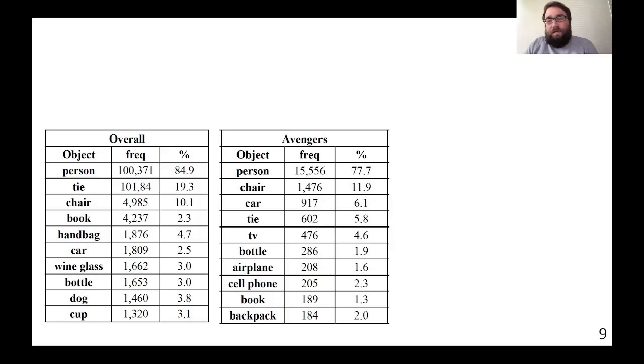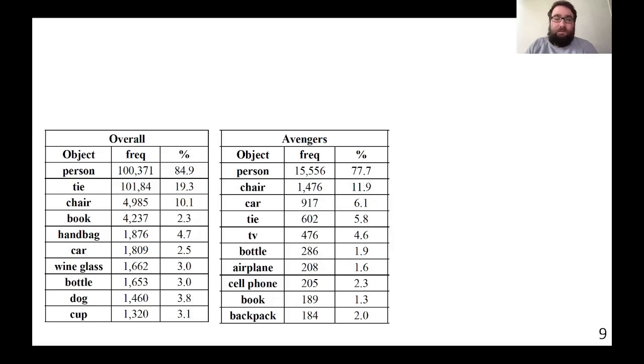Now, to investigate if the object detection can uncover specific characteristics of a movie, we compared the frequency distribution of a single movie to the overall distribution. While movies like Breakfast at Tiffany's are rather similar to the overall distribution, we did find some objects that can be regarded as special characteristics of some movies.